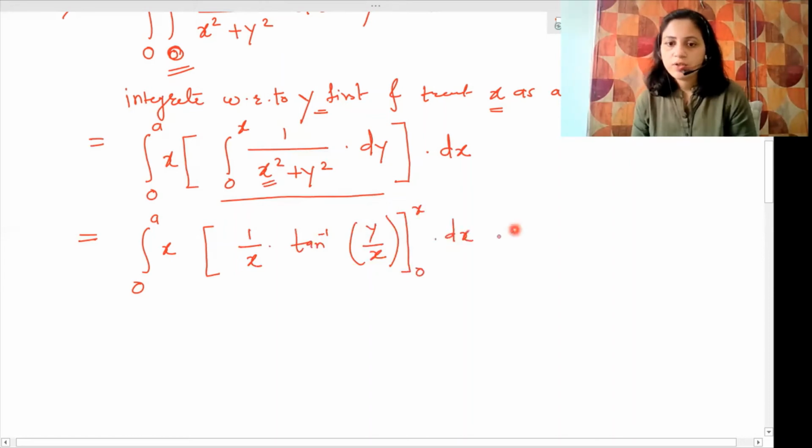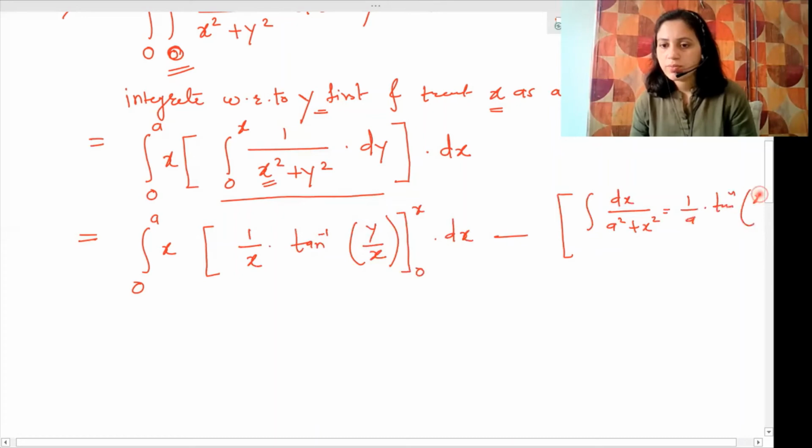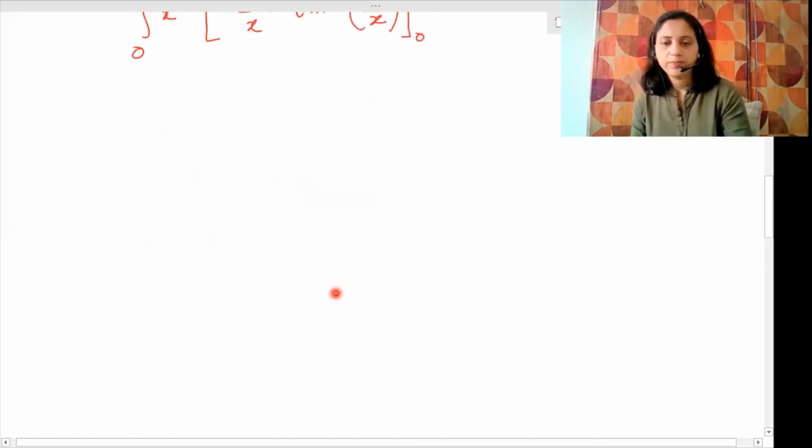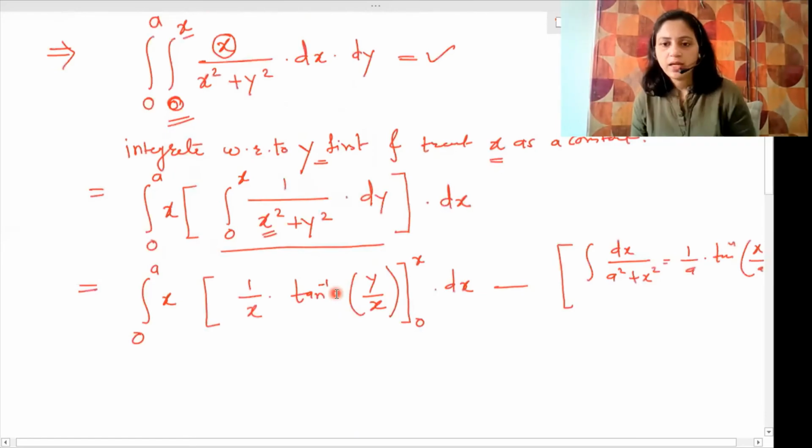Which formula have I used here? This formula, integration dx upon a square plus x square is equal to 1 upon a into tan inverse of x by a.